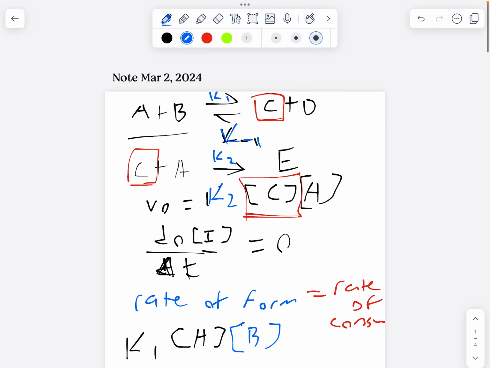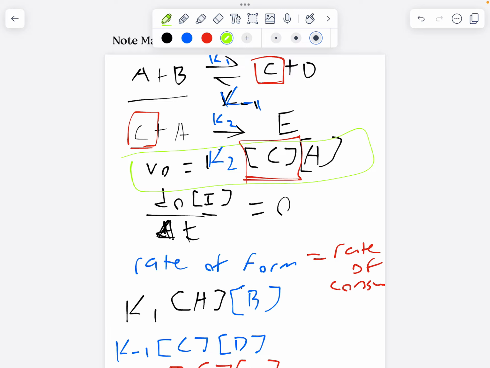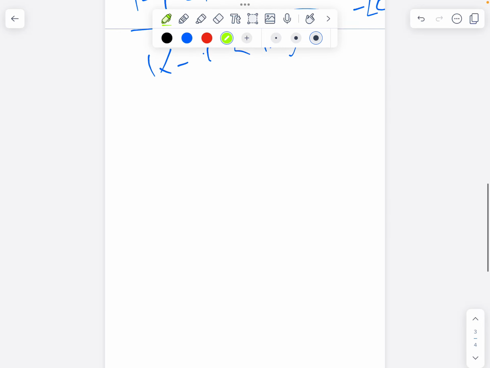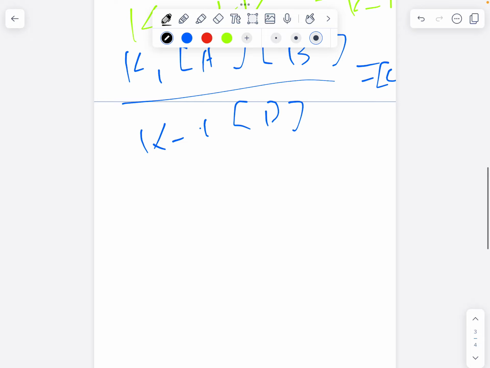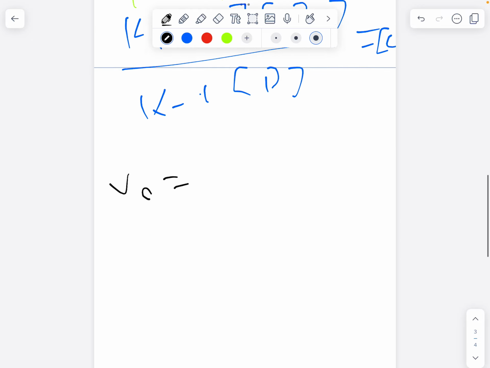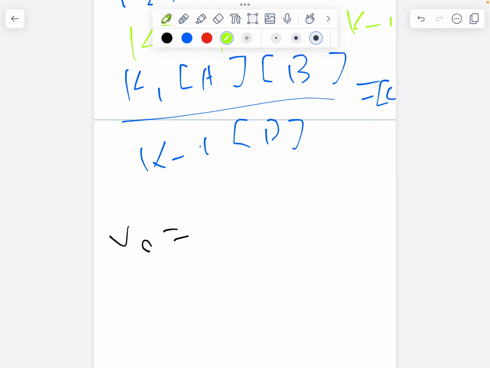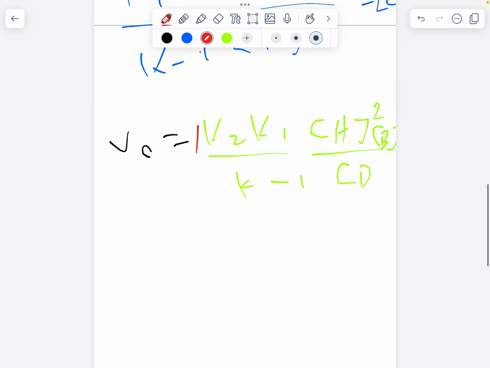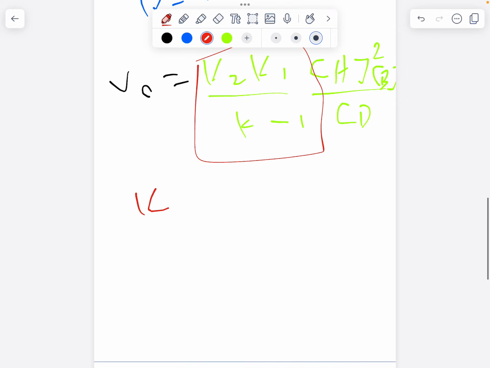And plugging that back into our original equation up here for the assumed overall rate law, then we know that V naught is equal to k2, bringing out the k's here, k2 times k1 over k minus 1, A squared B over D. All right, and so this is something that looks a lot more familiar in the steady state approximation when we let k2 k1 over k minus 1 be equal to k observed.